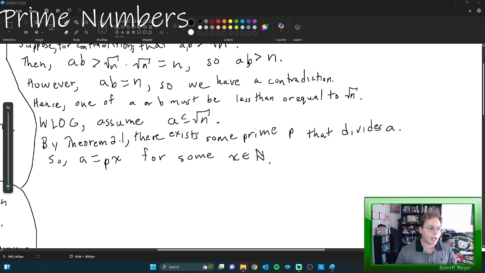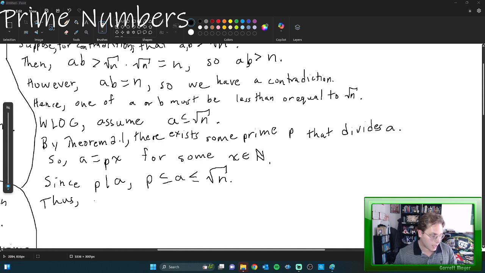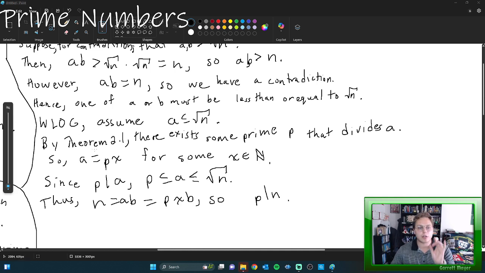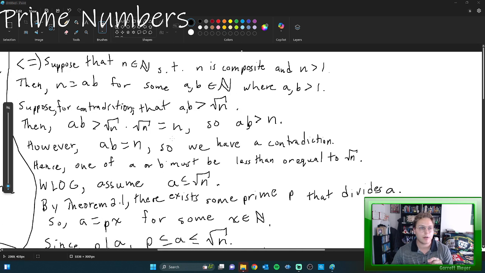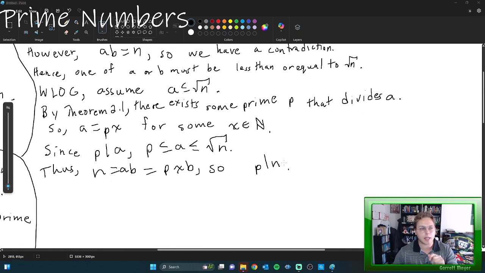Now, since p divides a, p is less than or equal to a, which is less than or equal to the square root of n. Thus, n equals ab, which equals pxb. So p divides n. Therefore, we have found that if n is composite, there exists at least some p that divides n.